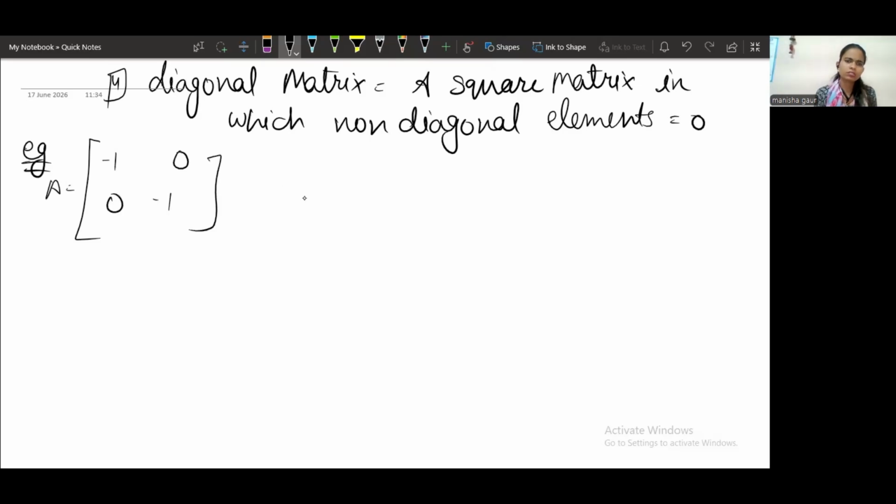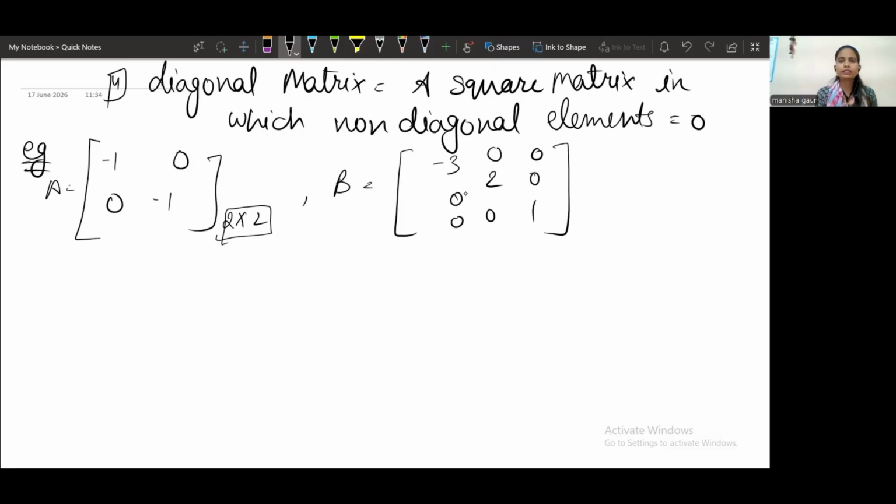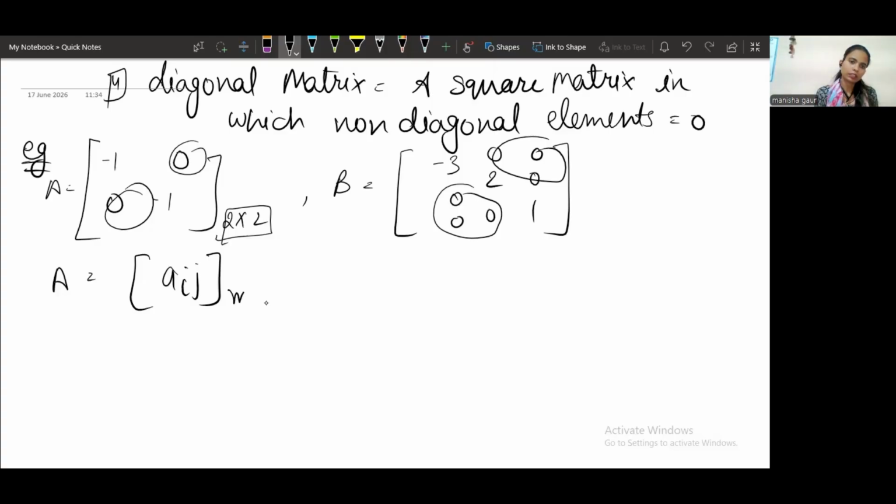You can take 1 also, 2 by 2. The matrix should be a square matrix; the rows and columns will be the same. Here, minus 3, 2, 1, 0, 0, 0, 0, 0, 0. These are the non-diagonal elements. In general form, Aij, M cross N. Here the value of Aij would be 0 if I is not equal to J. There will be that condition with it.